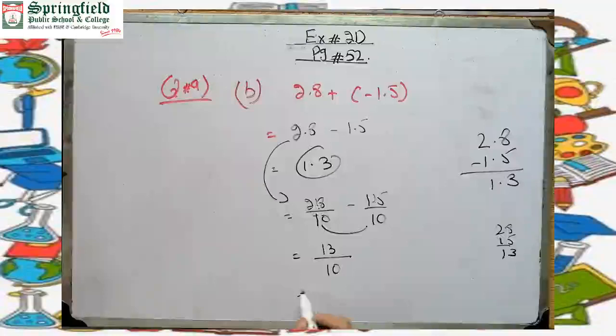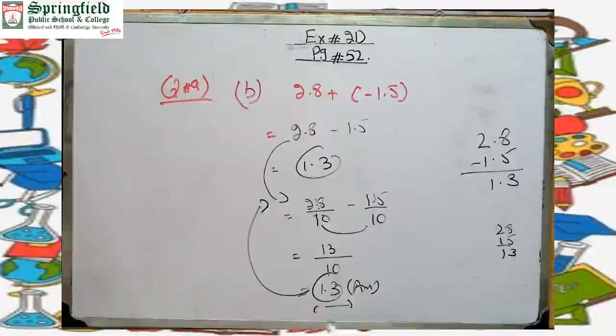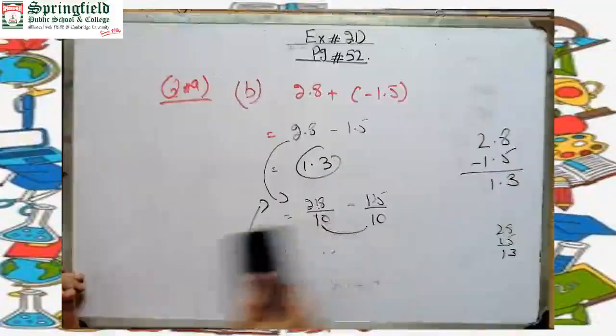And now look here, according to the division rule, what will be the answer? Here the denominator is just 10, it means we will put the point after 1 digit, so 1.3. In both cases your answer should be the same. Understood, beta? Okay. Now come to question number 10.